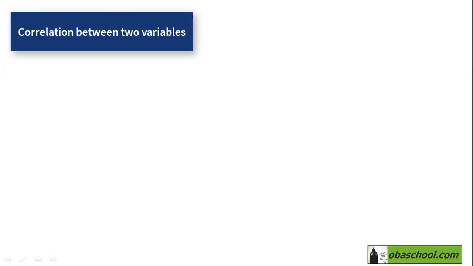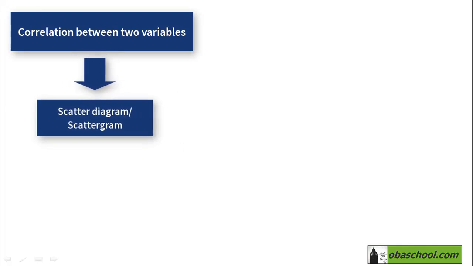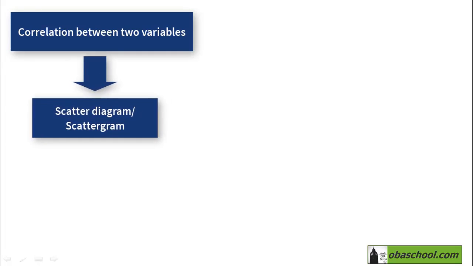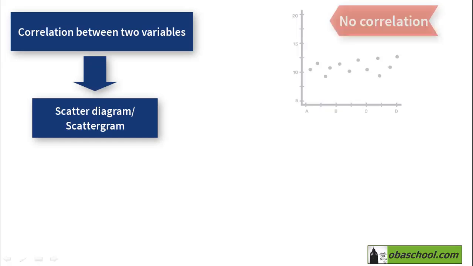Furthermore, when we study a correlation between two variables, we may draw a scatter diagram or a scattergram. The relationship between two variables could show 3 possibilities. Either there's no correlation, meaning there's no relationship between two variables.